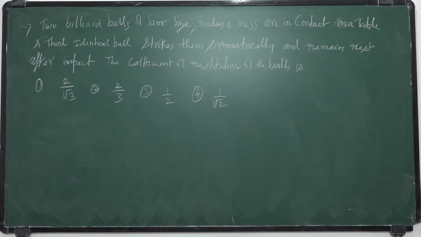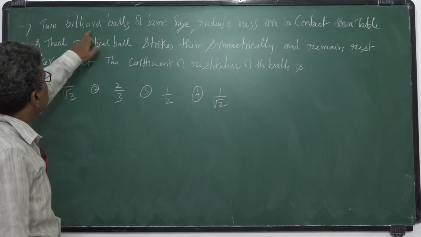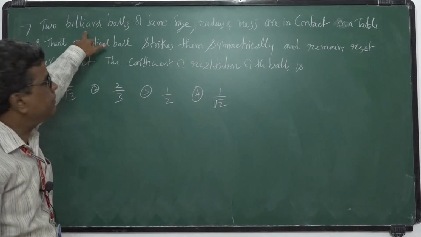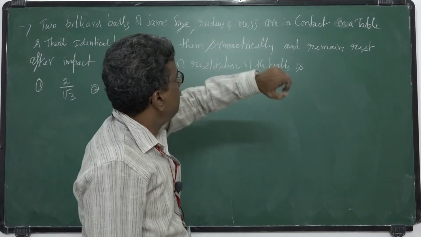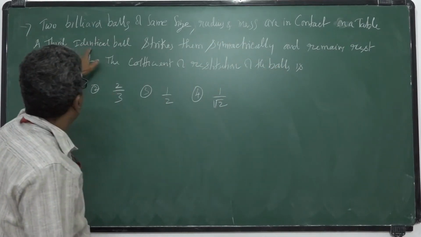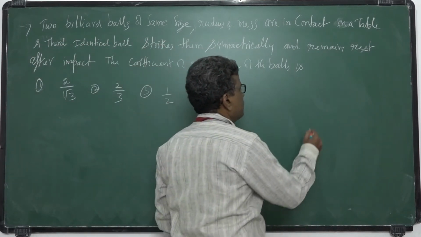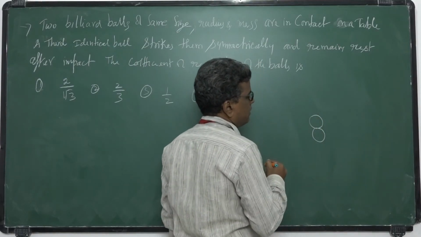How can we solve this problem? Two billiard balls of the same size, radius, and mass are in contact on the table. A third identical ball strikes them symmetrically. Suppose the two balls are placed like this, symmetrically.